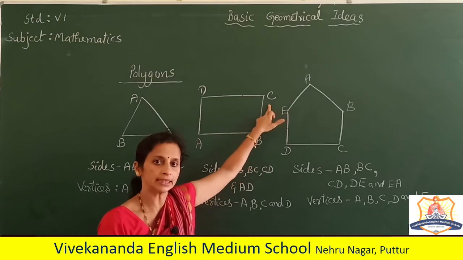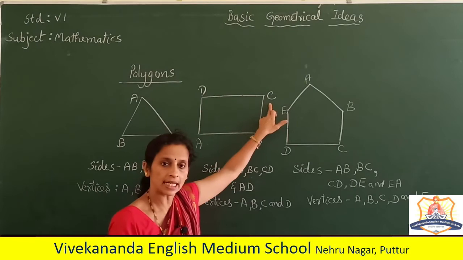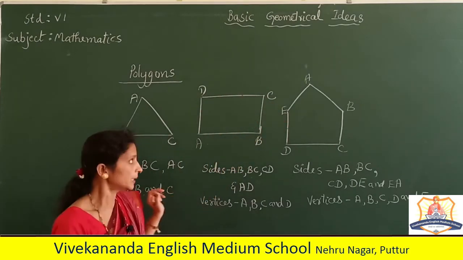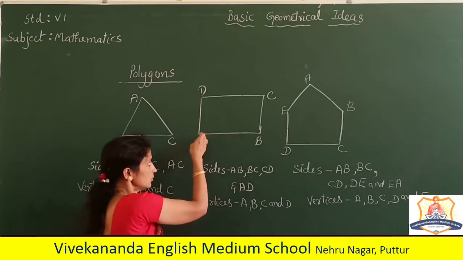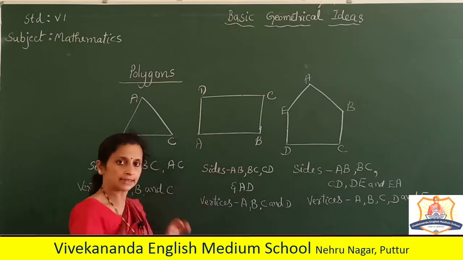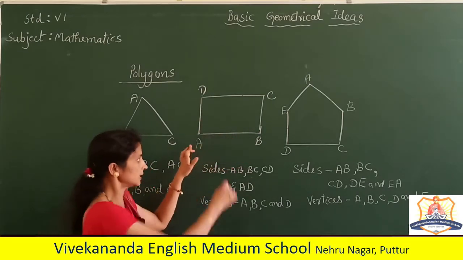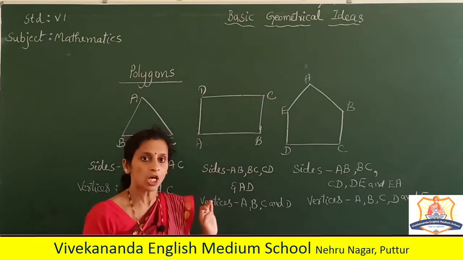Why is it not adjacent? Because the AB straight line and CD straight line do not have a common vertex. But in the adjacent sides, you can see AB and AD have one common vertex.